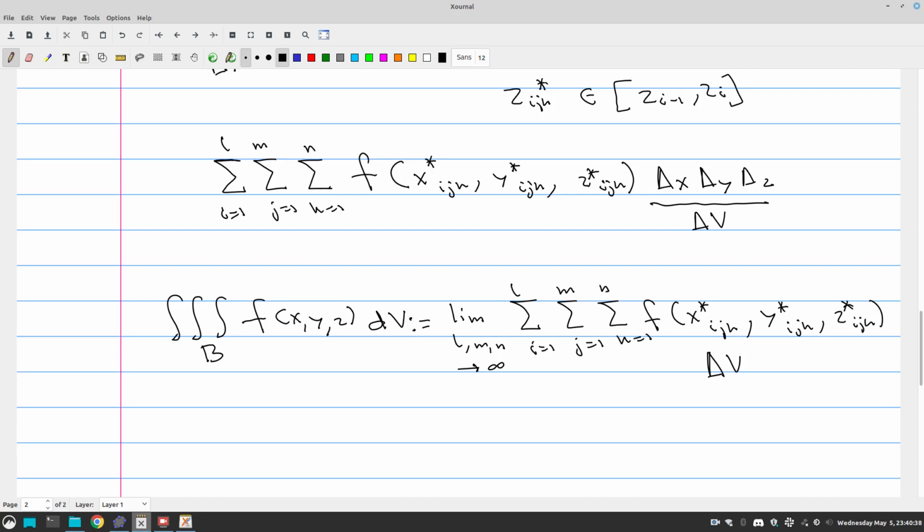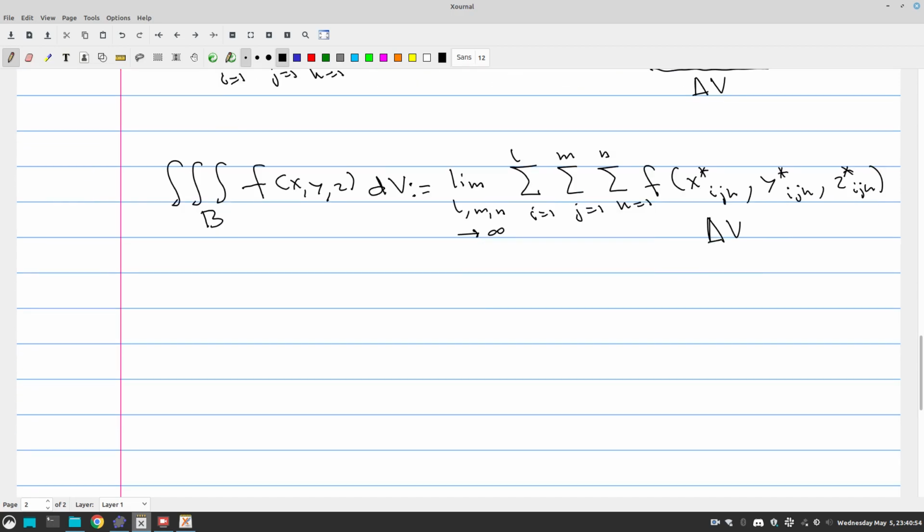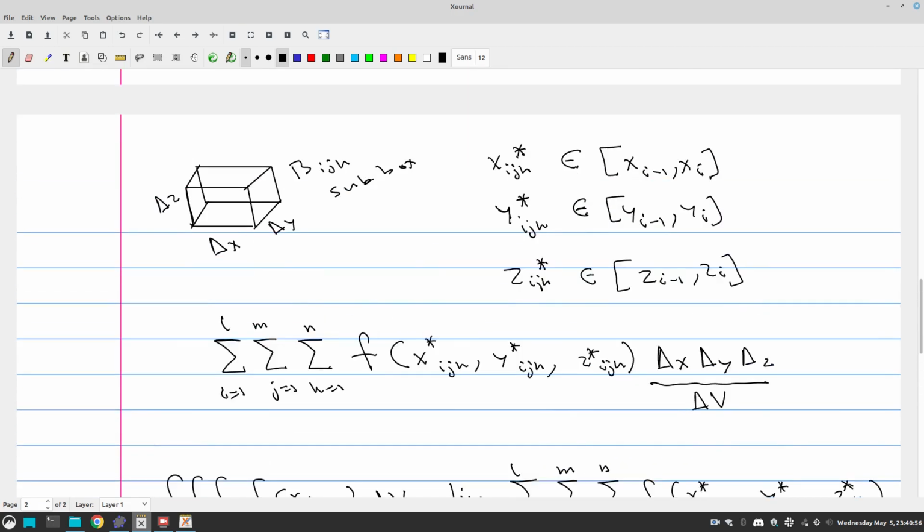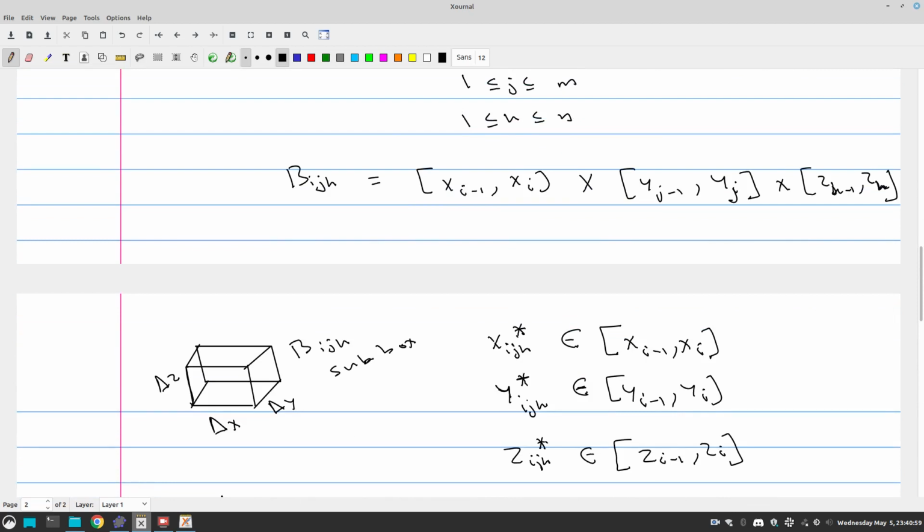Now when L, M, and N go to infinity, then these intervals, x_{i-1} to x_i, y_{j-1} to y_j, z_{k-1} to z_k, are essentially 0.